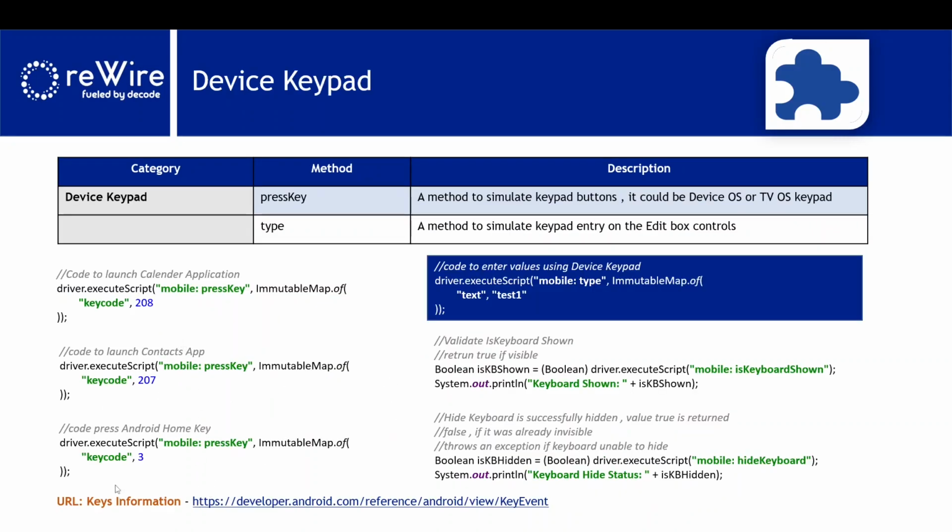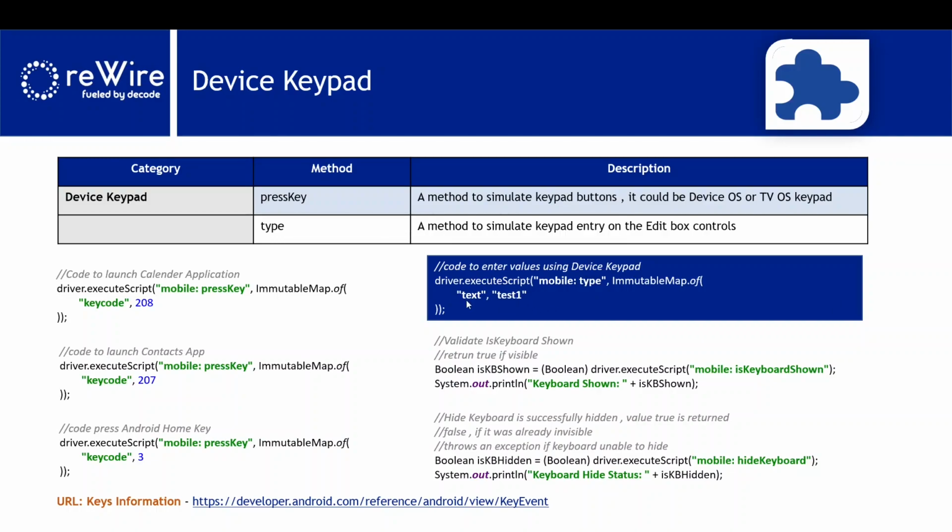And this is about the keypad, press key, a method to simulate keypad buttons, and it could be device OS or tvOS. So tvOS also has a keypad, right? Same, all the controls information they have provided, including TV as well. Okay, there is one method if you want to type using press key, only a keyboard.